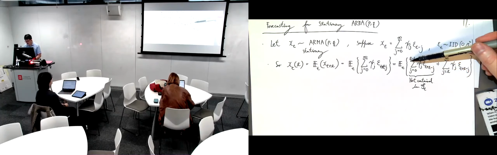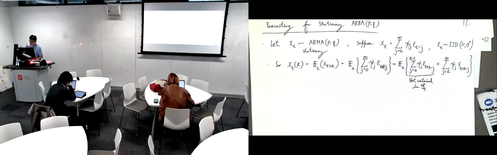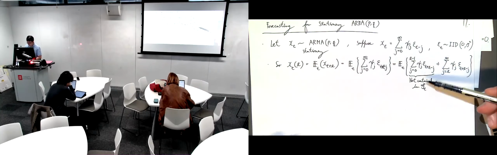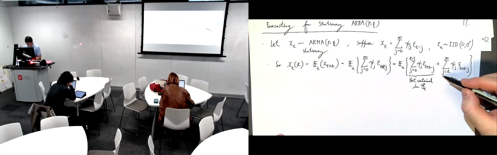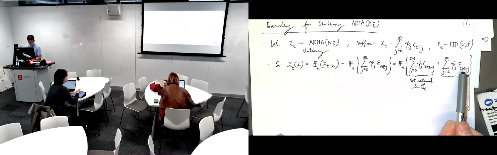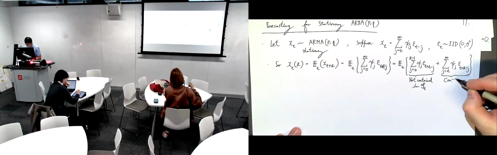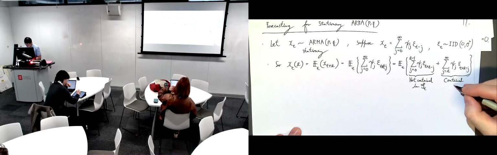Up to when j is L minus 1, epsilon t plus L minus 1, that is epsilon t plus 1. This is still one step ahead of the information up to time t. So they are all in the future. So the whole thing is not contained in Ft. Relative to this, when j equals L, this is epsilon t. When j is L plus 1, epsilon t minus 1, and so on and so forth. This is all in the past, so it's contained in Ft.